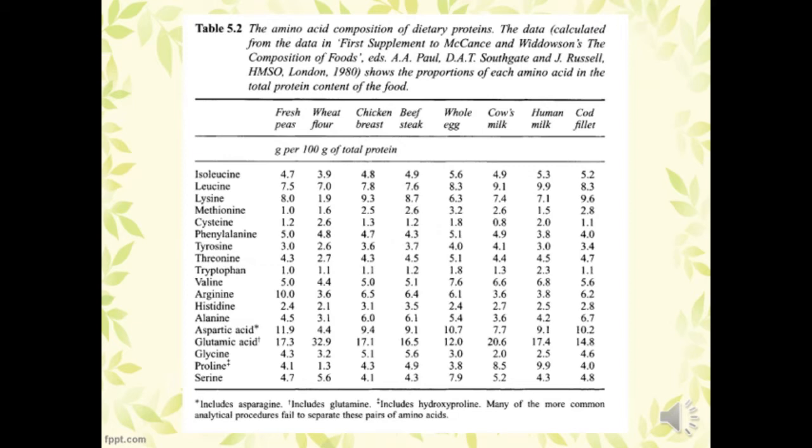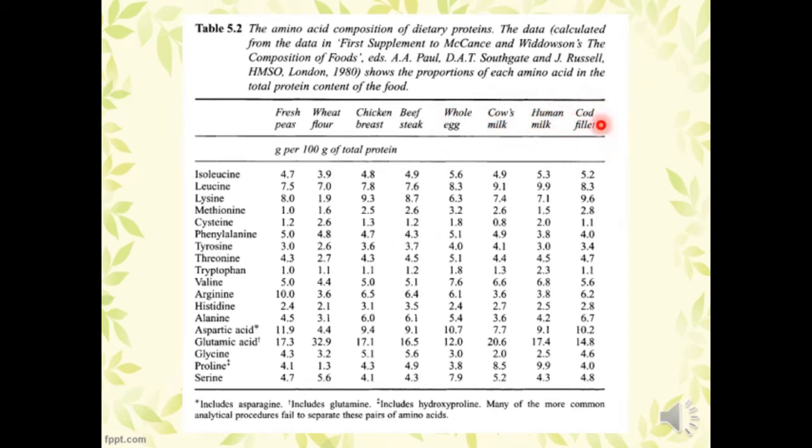So this table here shows the amino acid composition in different types of food source. We have fresh peas with flour, chicken breast, beef steak, whole egg, cow's milk, human milk, cod fillet.